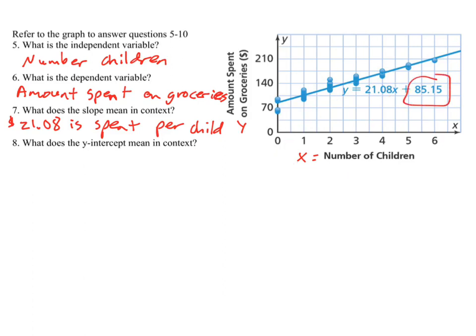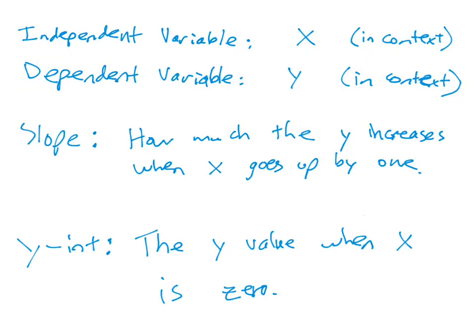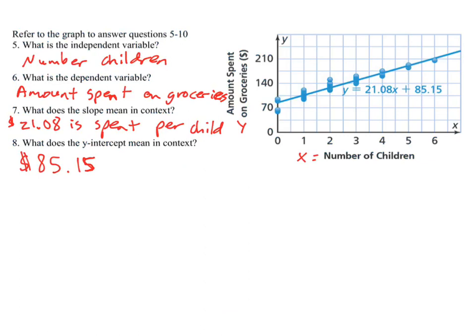And so this is going to be $85 and 15 cents when the x is 0. Well, when x is 0, x represents the number of children. So when the number of children is 0, that's the amount spent on groceries.